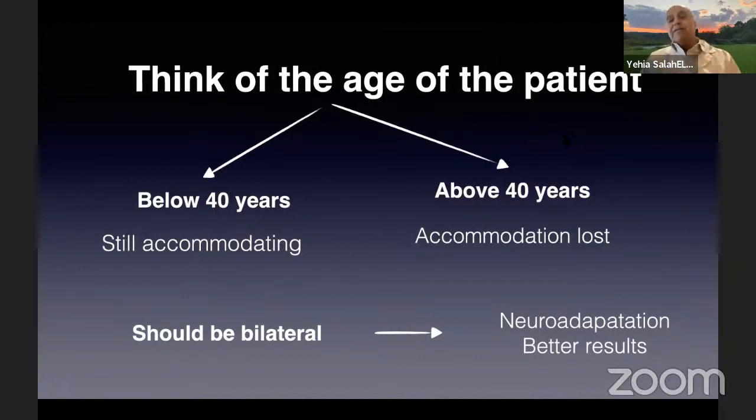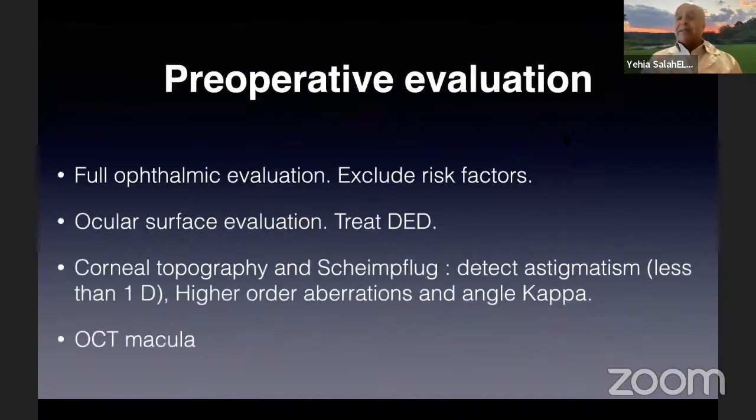And usually, if we intend to do this, we should do the cases bilaterally because of better neuroadaptation and better quality of vision. Preoperatively, like any ophthalmic or cataract procedure, remember to evaluate properly and treat any ocular surface problem.